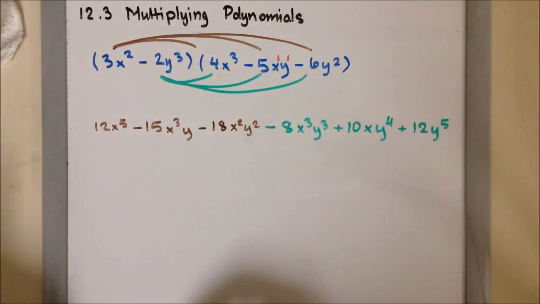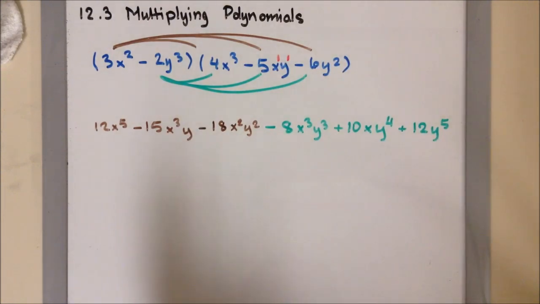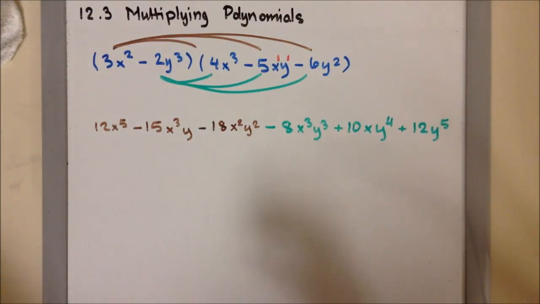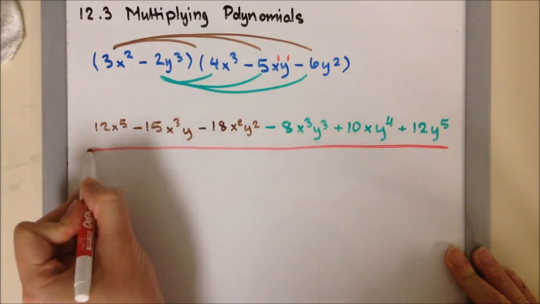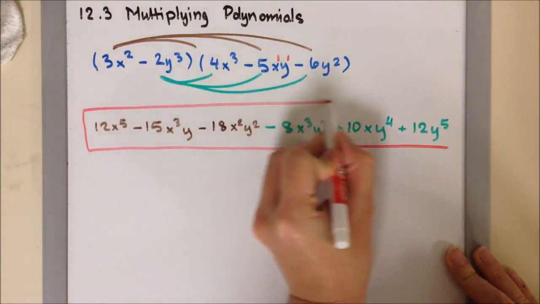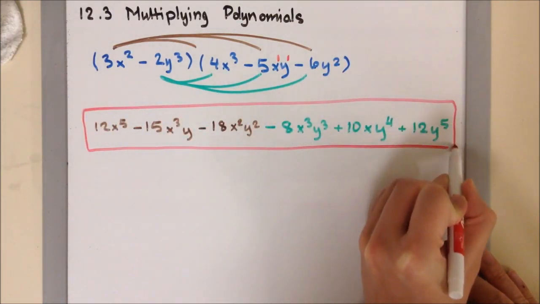So this is basically our answer, since there are no combined like terms. So we just leave it like that. Don't worry about putting this in order. I'm not going to ask you for standard form. Simply just multiply and then combine the terms if you can. In this example, we cannot. So this is our final answer.